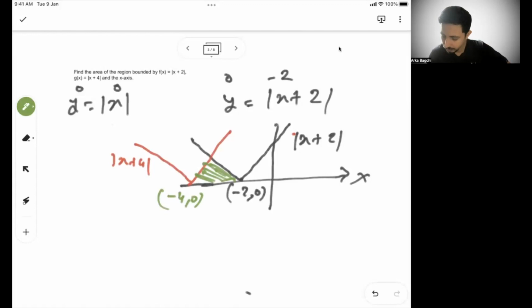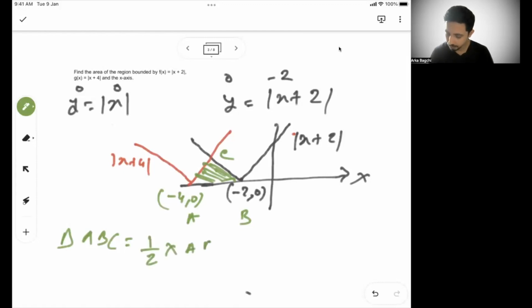So for the region, let's say this point is A, this point is B, and this point is C. Triangle ABC is basically half into the base AB into the height. So what is the base? AB is 2, half into 2. From minus 2 to minus 4, this distance is 2 only.